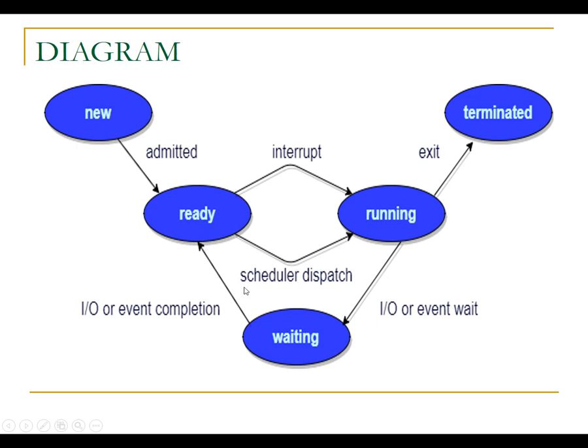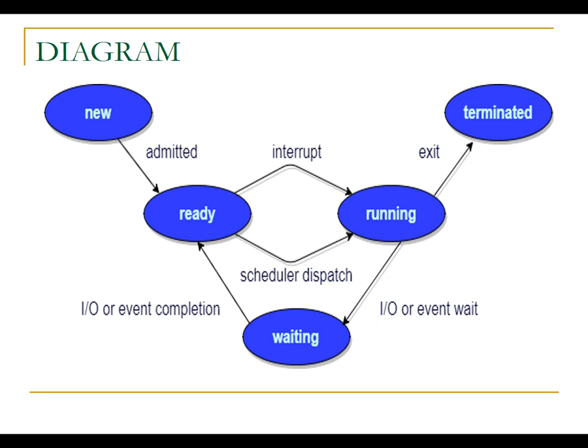If the input and output devices that are going to handle that particular process are not free, that means the resources are not free, then that process has to wait for a fraction of time. So for the waiting period, it goes inside the third component called the waiting state, where it is stored if the response is not returned by the input output devices.